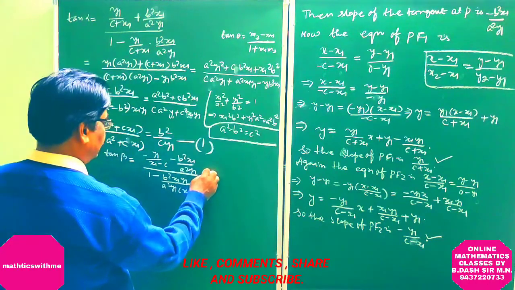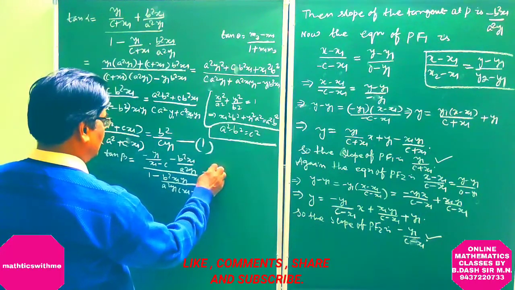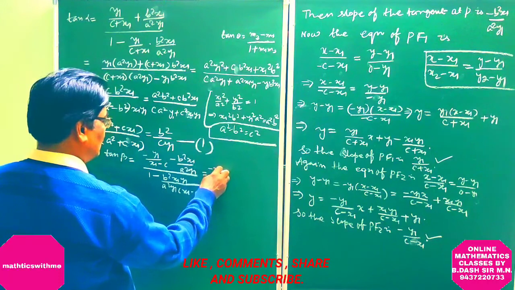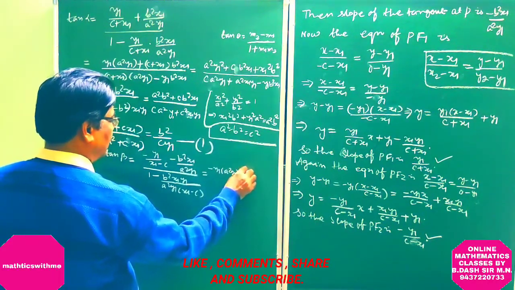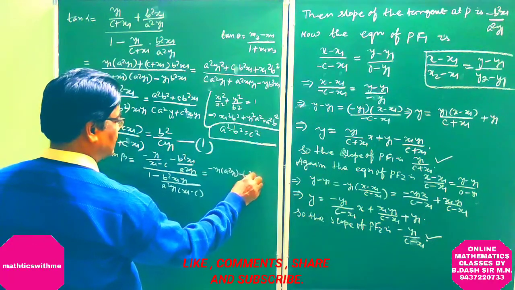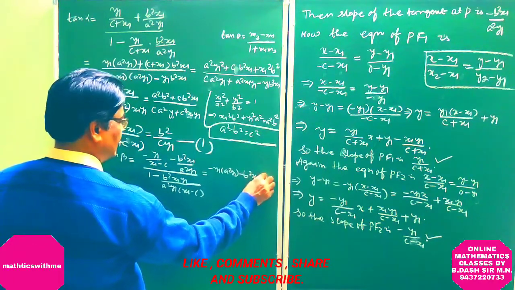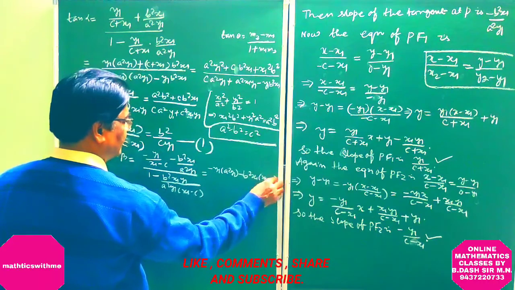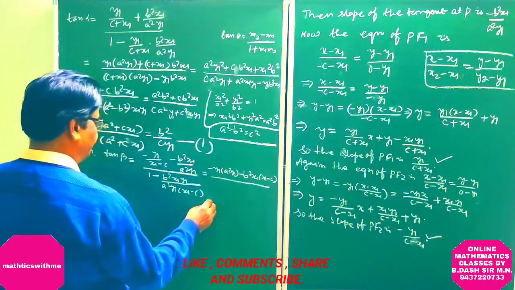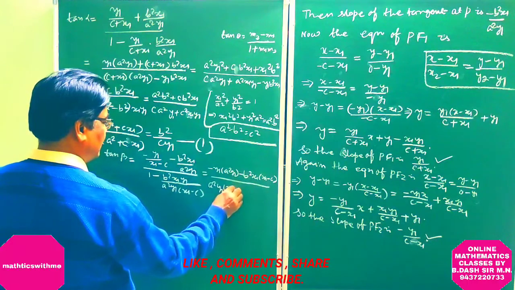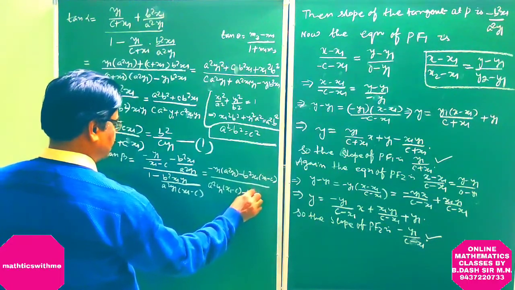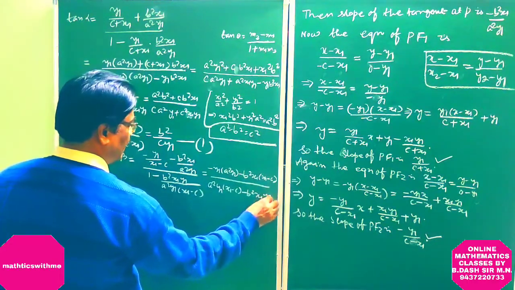So this equals −y1[a²y1 − b²x1(x1 − c)] divided by a²y1(x1 − c) − b²x1y1.